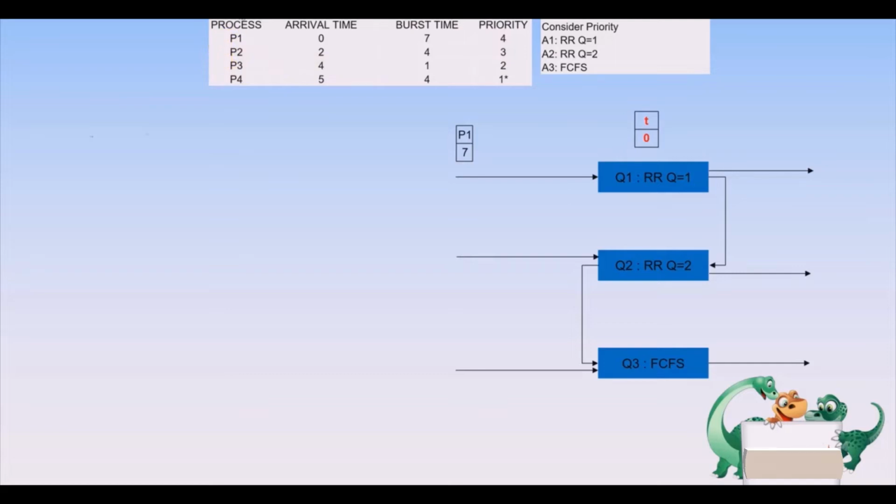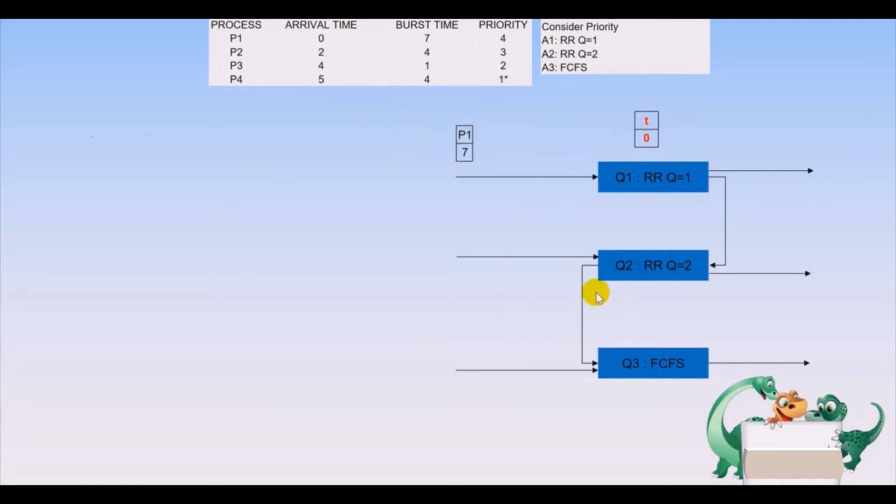On Q1 we will use round robin with a quantum of 1, on Q2 round robin with a quantum of 2, and on Q3 first come first serve.